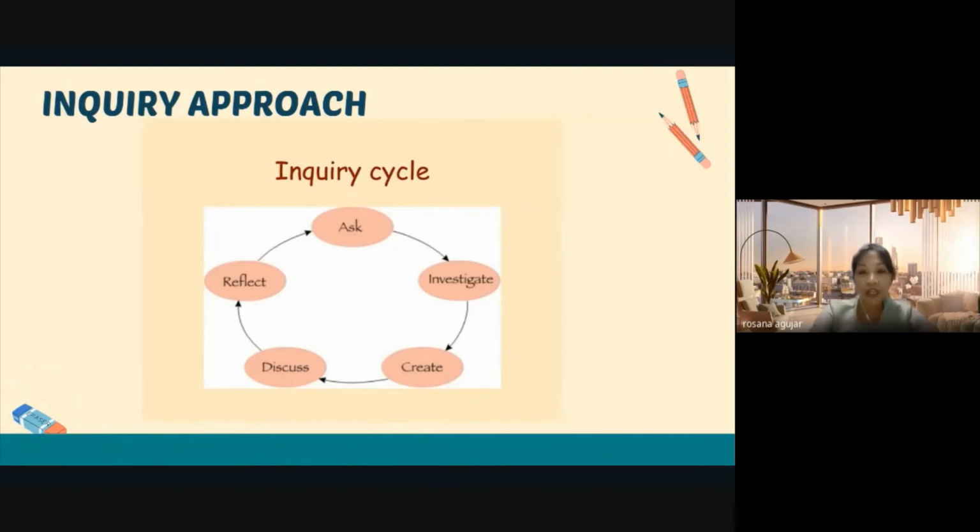So how do we use inquiry approach in our lesson? We first pose a question or ask a question to the students. Then the students will investigate, will do a research about the questions you posted. Then after investigation, the students can now create the answers, write the answers to the questions.